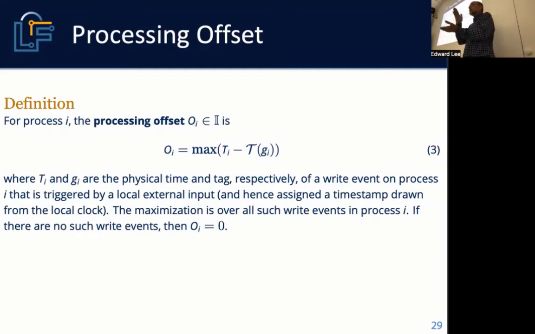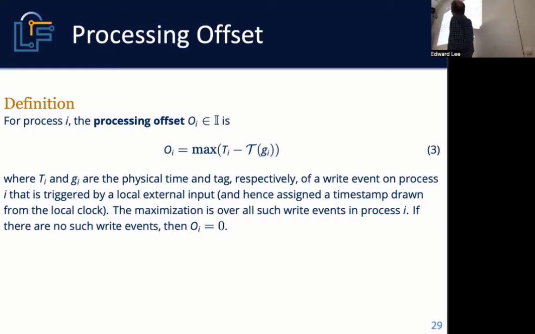Lingua Franca has to guarantee that events are processed in timestamp order. And in order to do that, it has this feature of having to wait until it can be sure that all the previous events with earlier timestamps have been processed. Right? So we call that a processing offset.